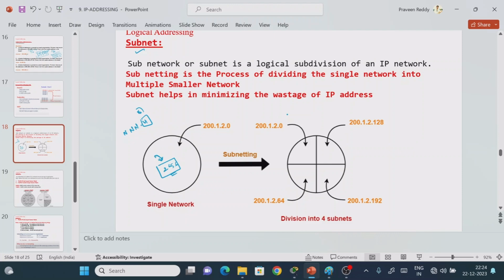Now, to make the operation efficient, I am going to cut this piece into 4 parts. Each part is assigned 64, 64, 64, 64. This will be assigned to some company, this to some company, some company, some company, right? Earlier we had only one network. Now this has turned into 4 networks so that we can assign IP addresses in a very proper manner, right?